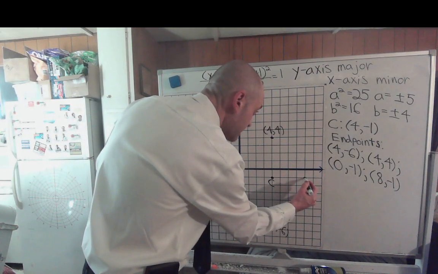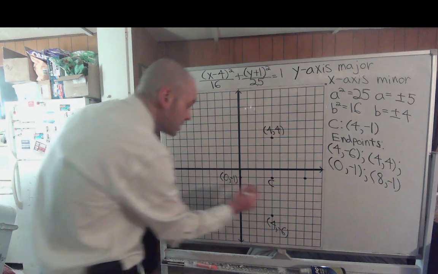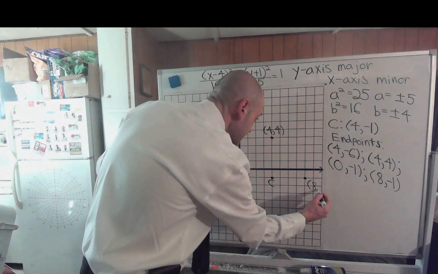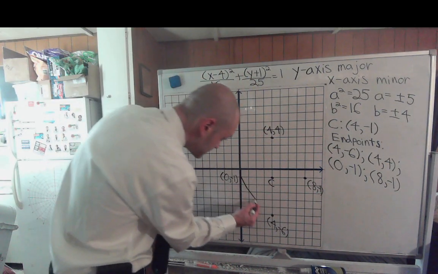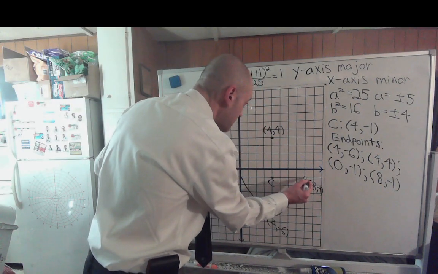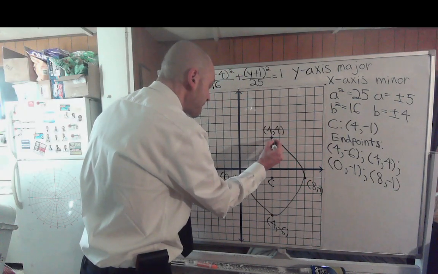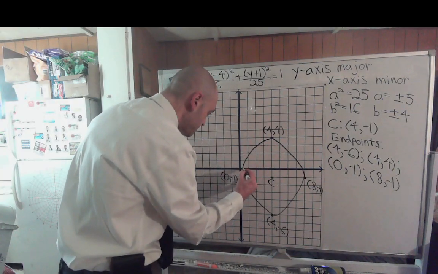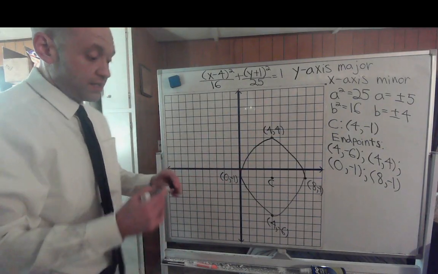Here is 8, negative 1. Now let's go ahead and graph this. All right, so there's my endpoints, there's my center.